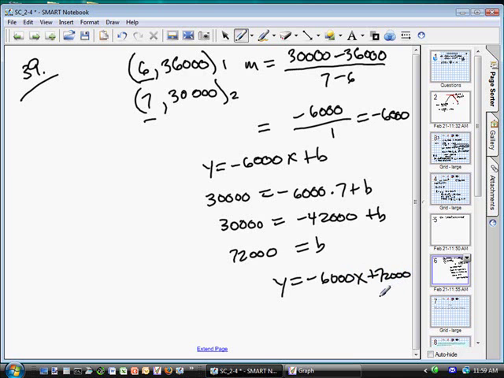But in my equation, X is price per ticket, and this is number of tickets. Well, whenever you do a profit equation or a cost equation, what does X stand for? The number of units, the number of tickets. So here's why we got to solve for the X. Okay, so let's quick do that. We would first subtract 72,000 from both sides.